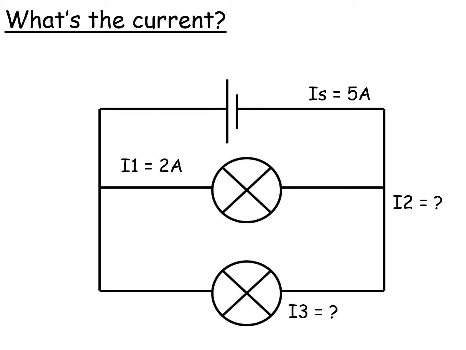Okay, so let's start with a wee bit of revision first of all, which is this one here. What is the current? I'm going to give you 15 seconds starting from now to think about what the answers for I2 and I3 are.